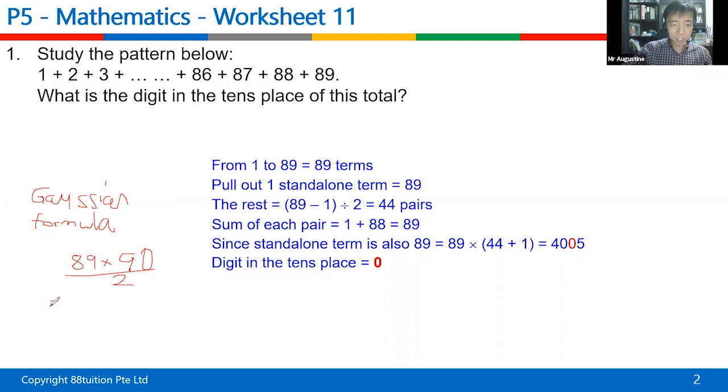So the value is 45 times 89 or 89 times 45, which is what you see here. Or you can pull out the pairs of numbers to get 45 times 89 as well. So the tens place is a 0, the digit is a 0.